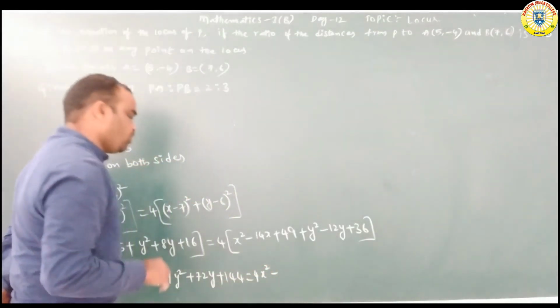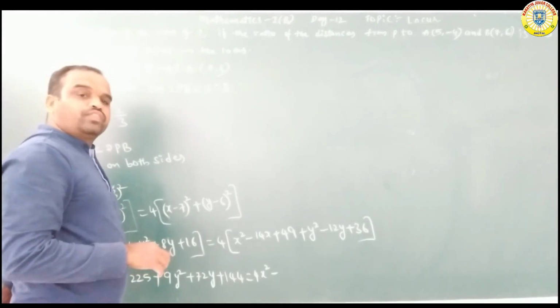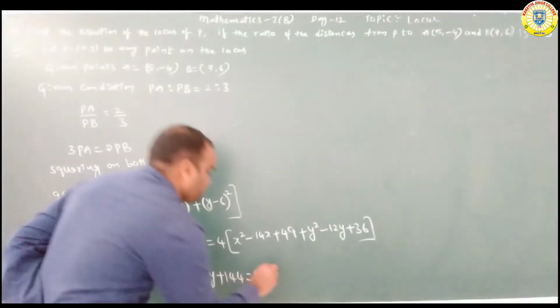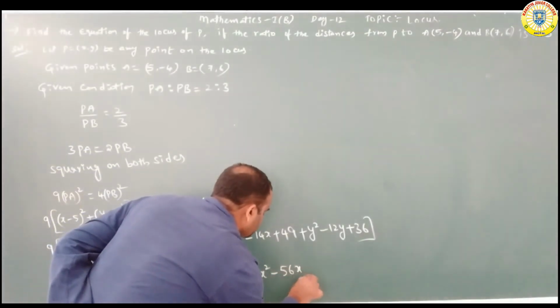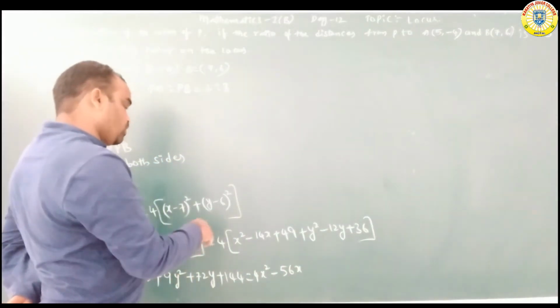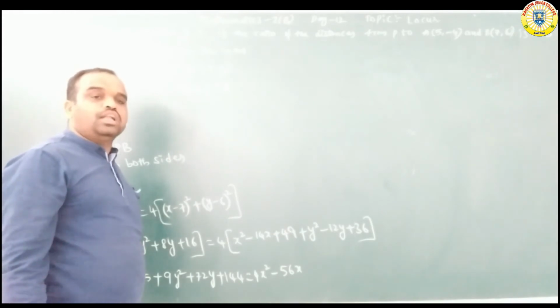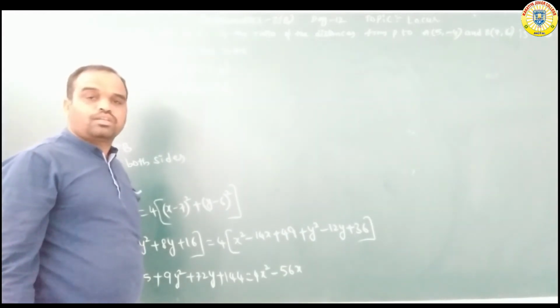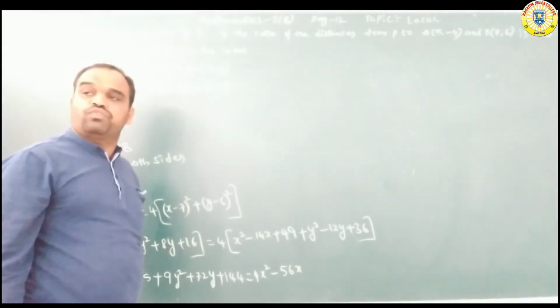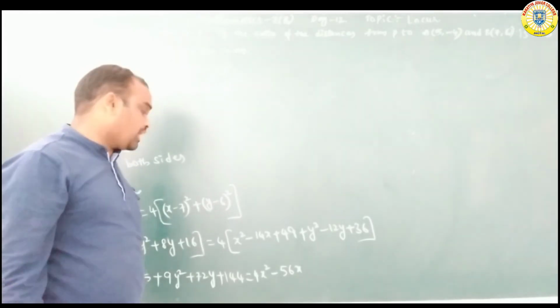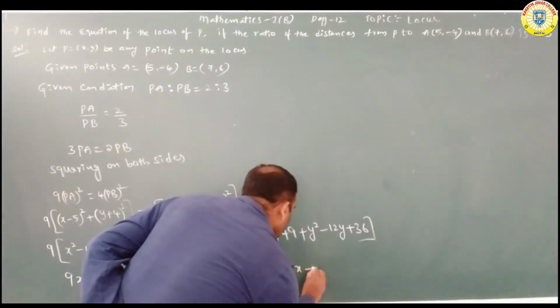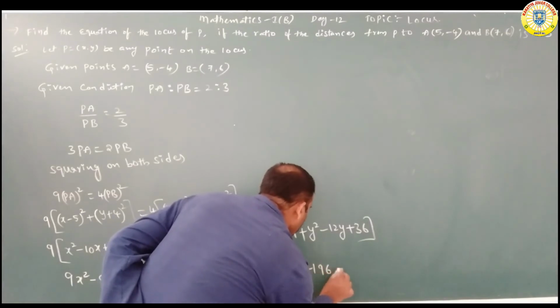Next, 4 into 14, minus 56x. So 49 into 4, 196.